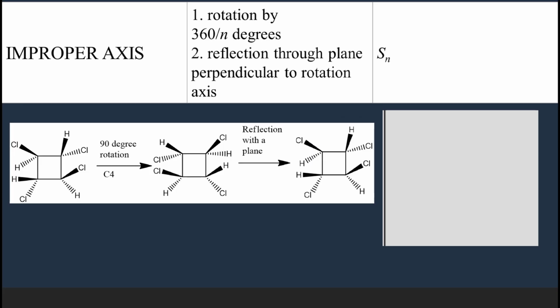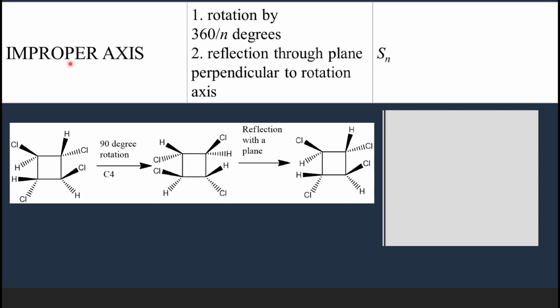In case of plane of symmetry, we did only one operation, that is the reflection operation. In case of center of symmetry, we did only one operation, that is traveling in opposite direction from the central point of the molecule. In case of rotational axis of symmetry, we do only one operation, that is rotation about an angle, about an axis.